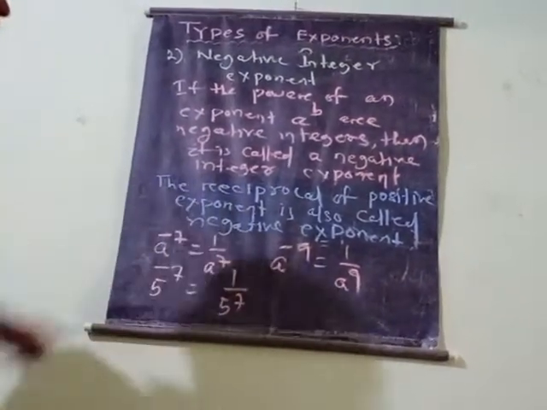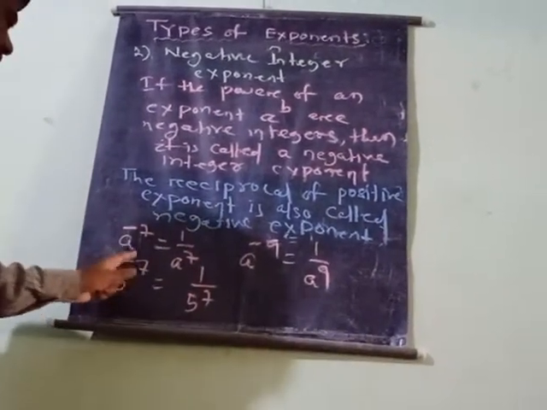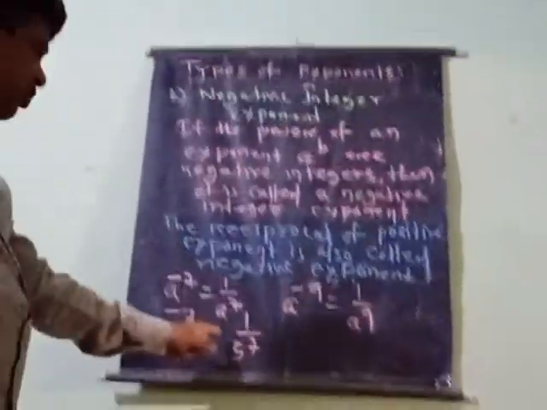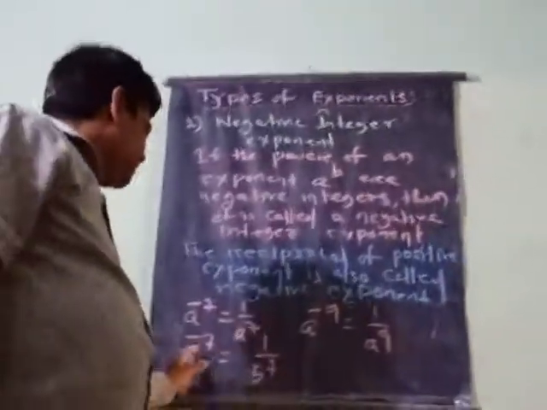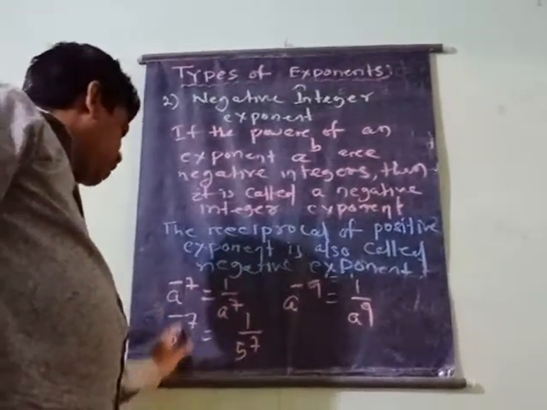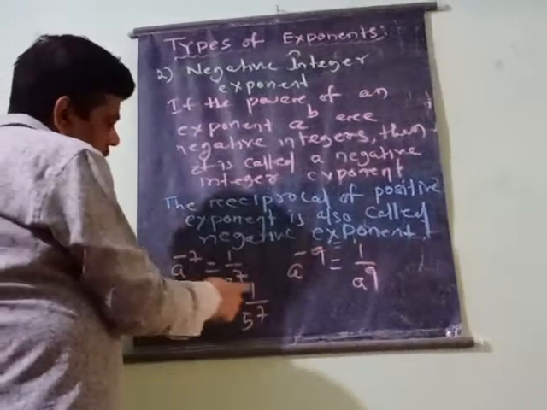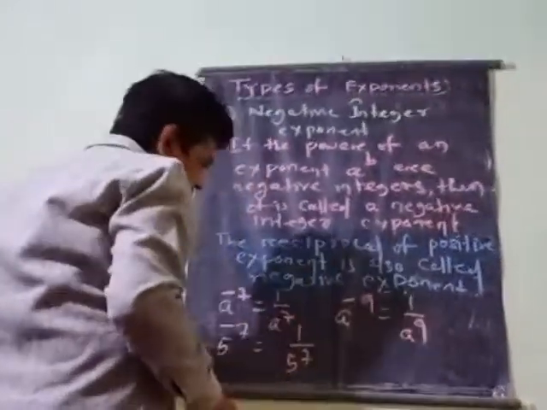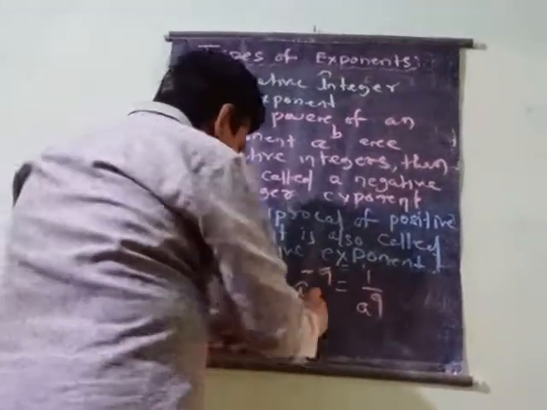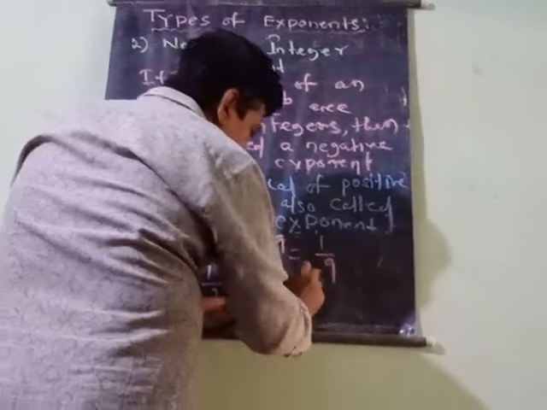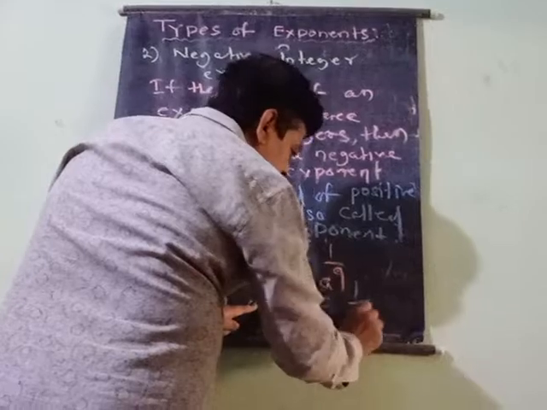You see, 5 to the power minus 7 is a negative exponent which is equal to 1 upon 5 to the power 7. So reciprocal of positive exponent is a negative exponent, or reciprocal of negative exponent is also a positive exponent. Similarly, 10 to the power minus 10 is 1 divided by 10 to the power 10.